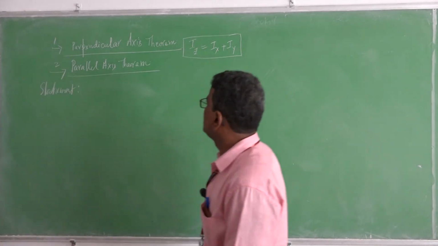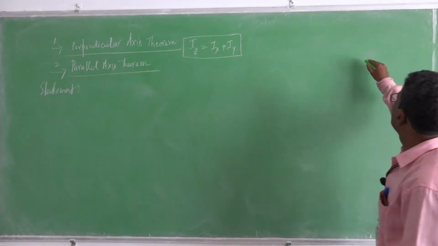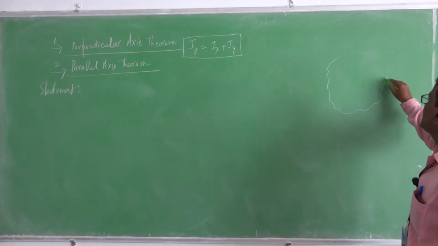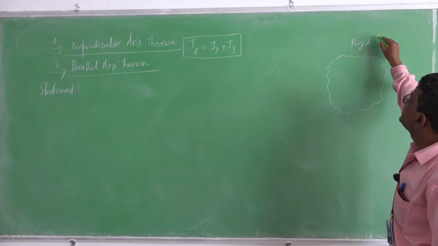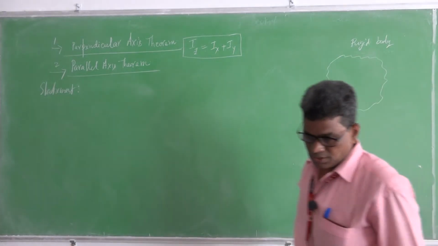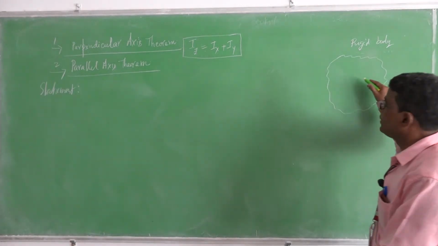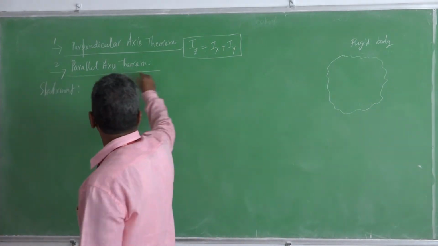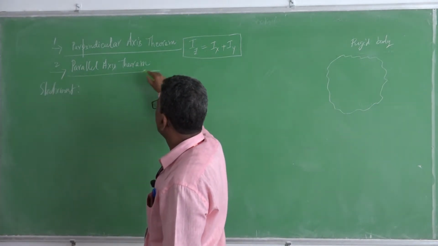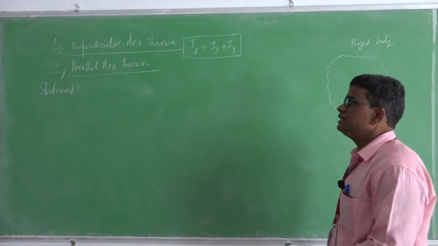Before going to the statement, this theorem is useful for any rigid body. It is applicable for all bodies. This parallel axis theorem is applicable for any rigid body of any shape.